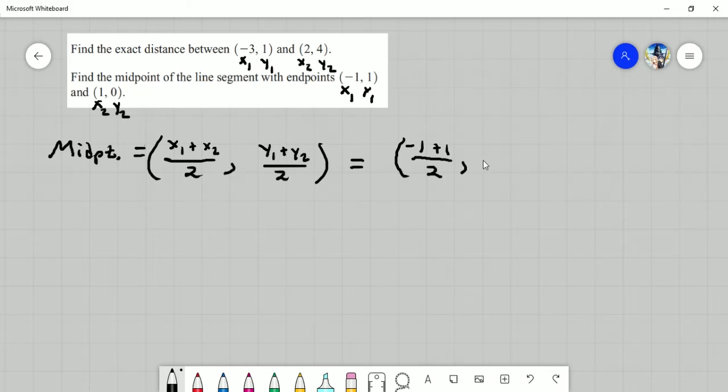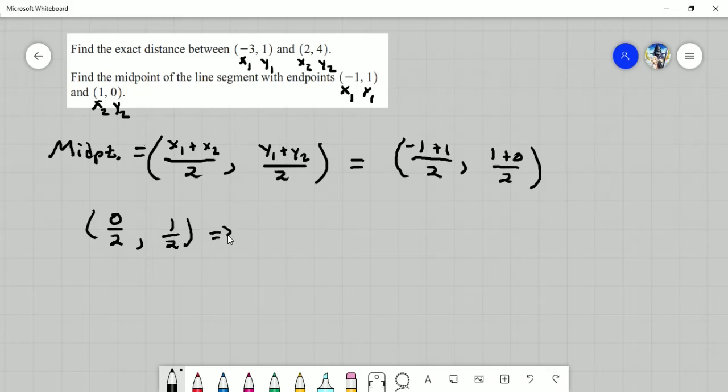So we just have to take our time, slow it down, and make sure we are writing and labeling everything correctly. Now y1 and y2, 1 plus 0 over 2. Evaluating this out, -1 plus 1 is 0. 1 plus 0 is 1.